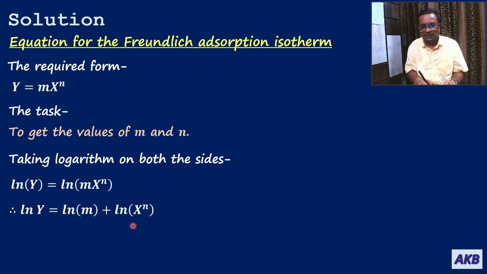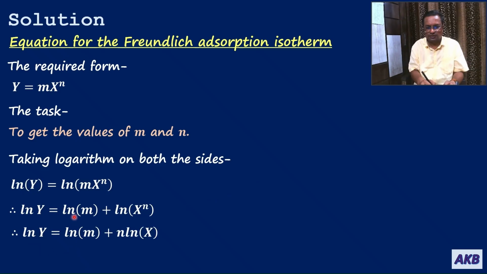Then I will use another logarithmic identity: ln of a raised to b is b ln of a. So ln of Y is equal to ln of m plus n ln of X. And if I write it in a different form, it will be ln of Y is equal to n into ln of X plus ln of m.